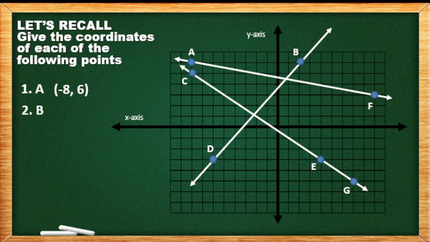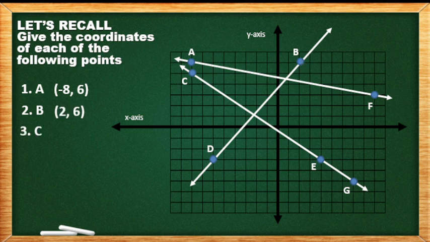Number 2, point B. Point B ay nasa quadrant 1, which is positive yung x, positive yung y. So, bilang tayo. 1, 2, yung x to the right. Since katabi niya lang si A, therefore, 6 to. So, meron tayong 2, 6.